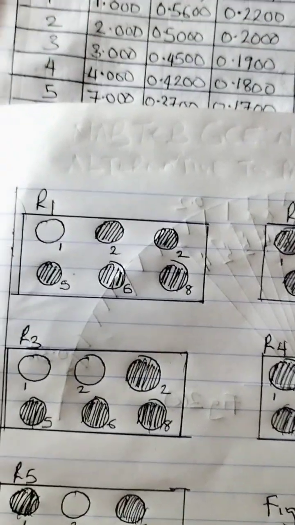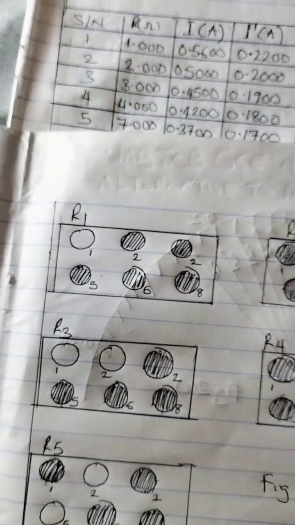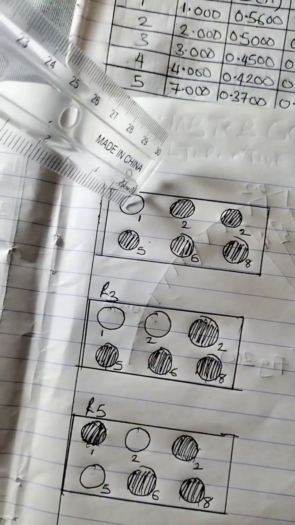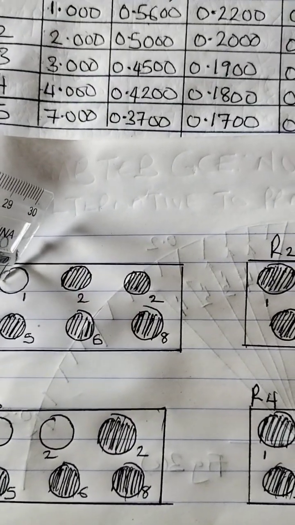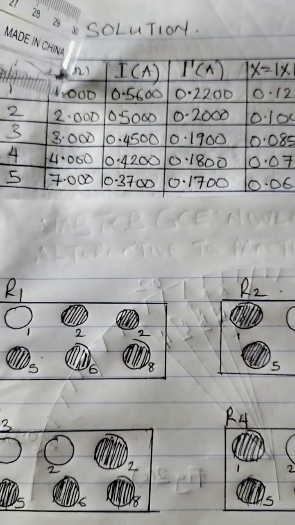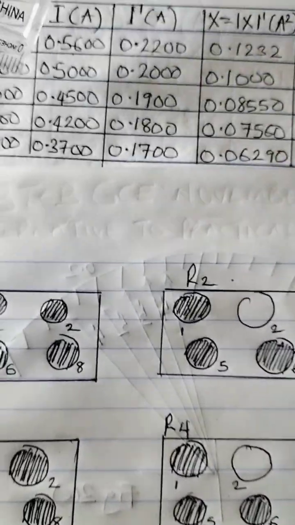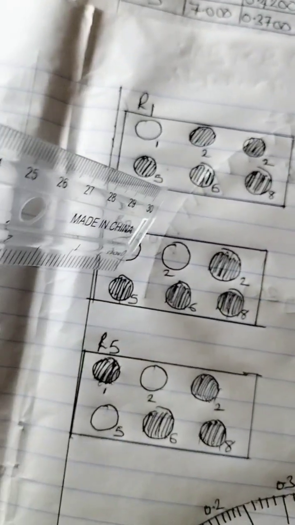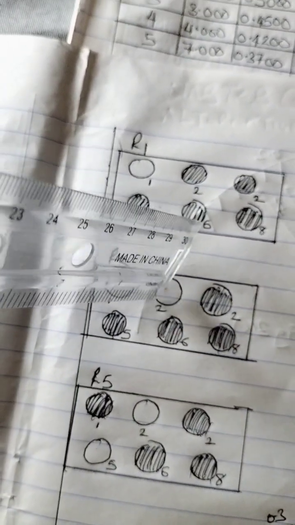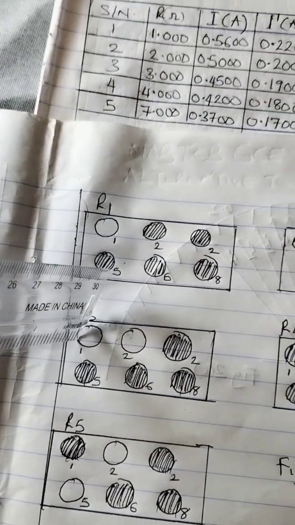So recall the resistance box. To get our R for the first resistance, the unshaded circle is 1 ohm, and that is the one we have here. Then R2 is 2 ohm, and that represents the 2 we have there. For R3, we have 2 circles unshaded, 2 plus 1, that gives us 3.